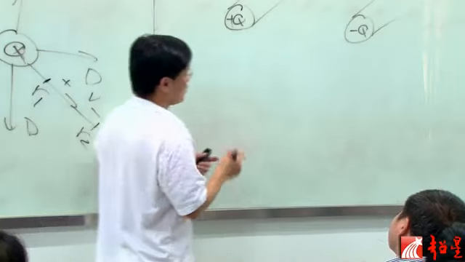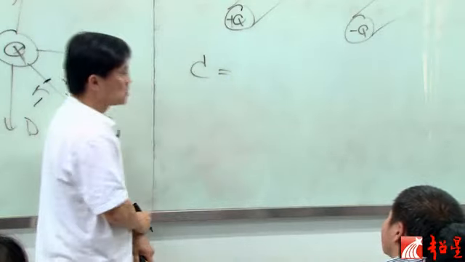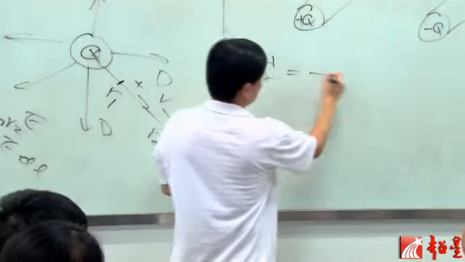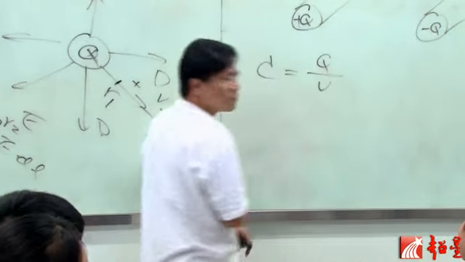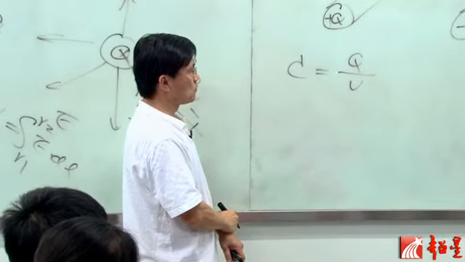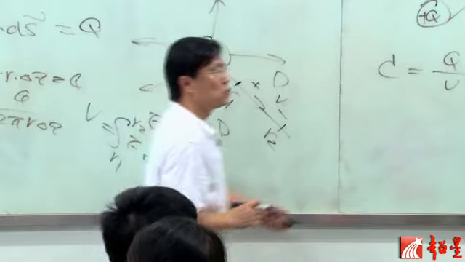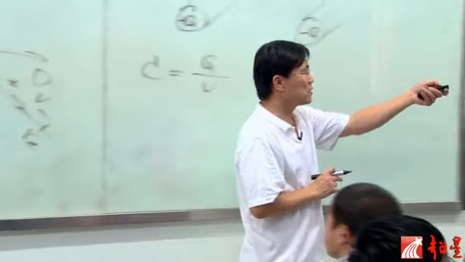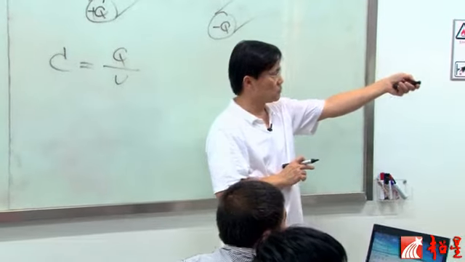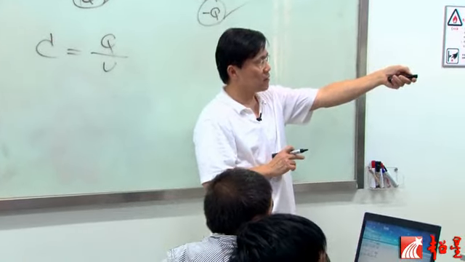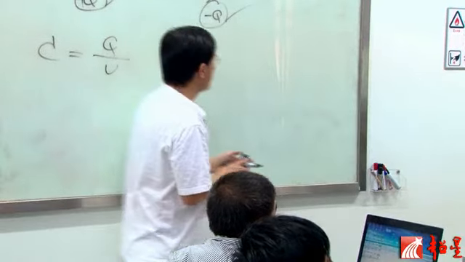So how do we define capacitance between 2 wires? Capacitance is defined as Q over V. It's the same thing. We just use this theory, which will give us this capacitance. That's the capacitance expression, based on this discussion here.